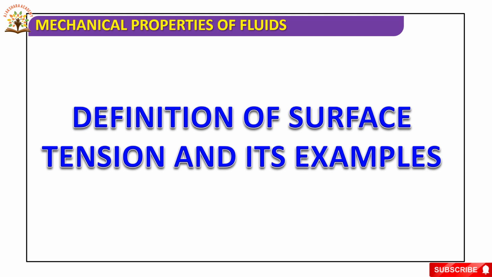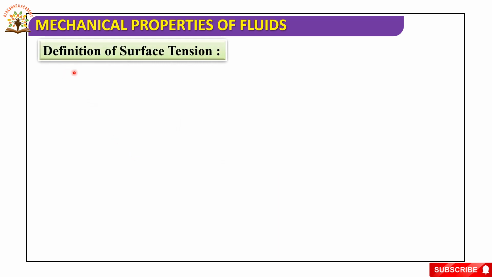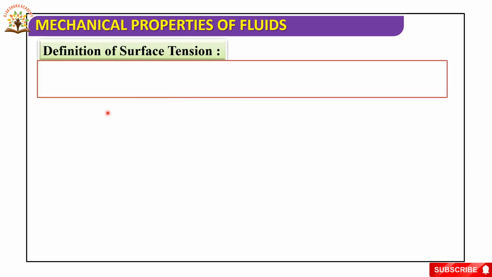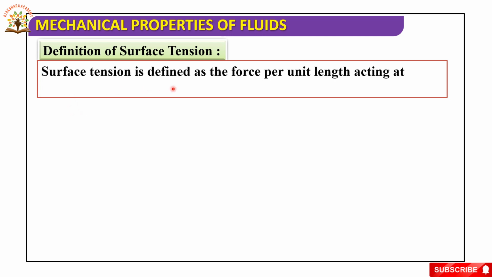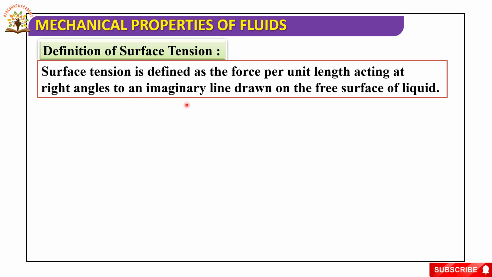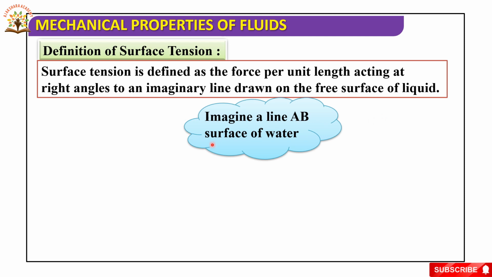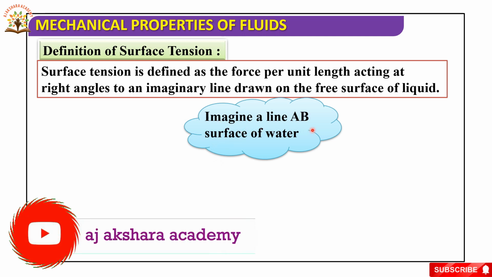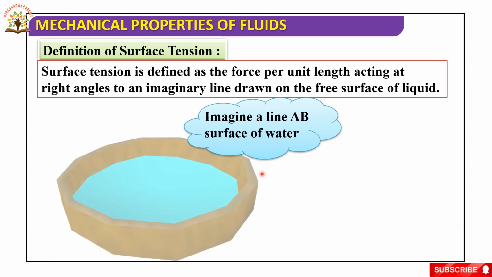Okay, let us go to today's session. Definition of surface tension. Surface tension is defined as the force per unit length acting at right angles to an imaginary line drawn on the free surface of liquid. Here we are taking the imaginary line, that is, imagine a line AB on the surface of water.